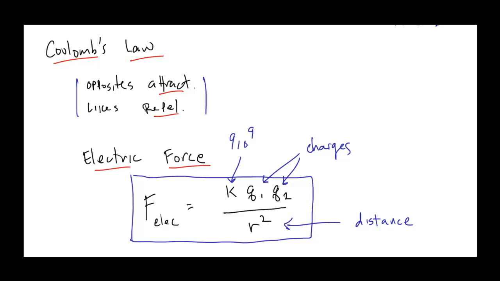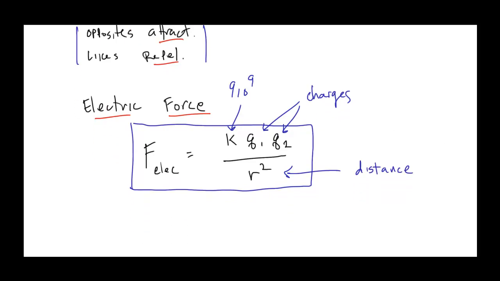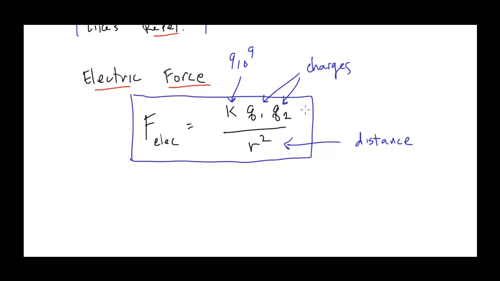This equation looks quite a bit like our old equation for gravity, which maybe isn't a huge surprise. Similar forces in certain ways. This is Coulomb's law, a way of calculating the electric force between any two charges. All you need to know are the charges, measured in coulombs, the distance between them measured in meters, and then in standard units, K is 9 times 10 to the 9th.